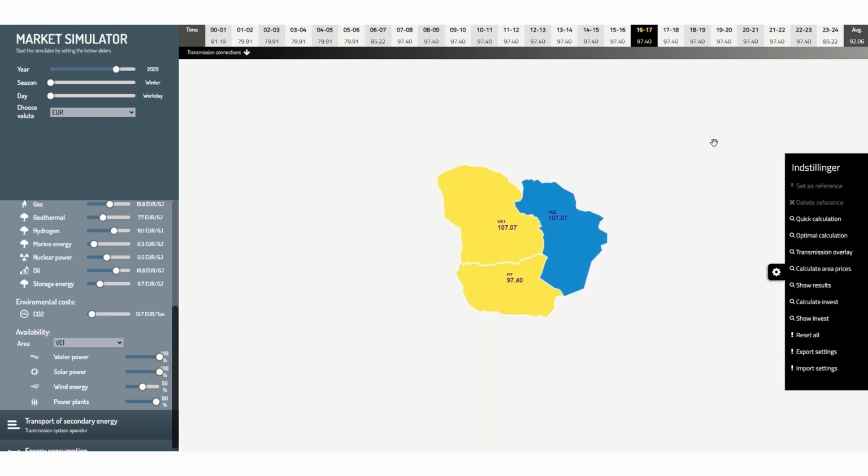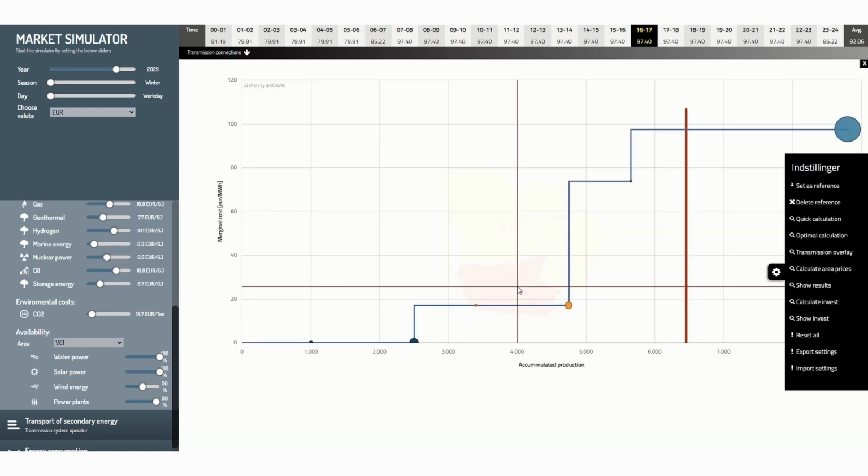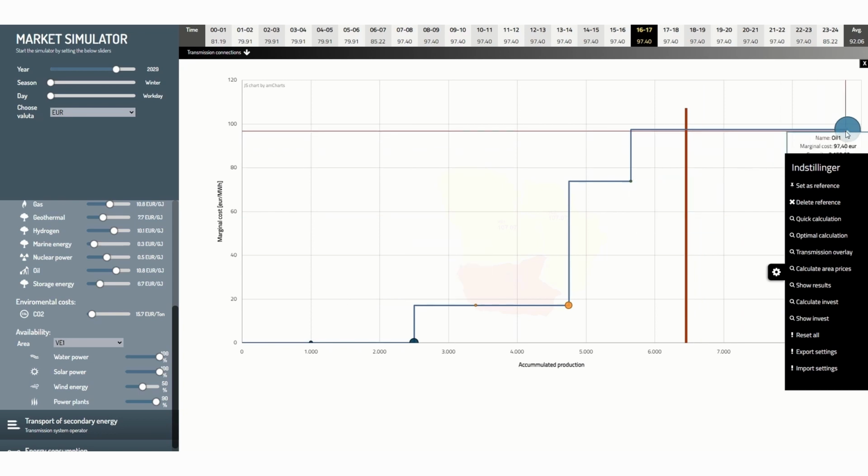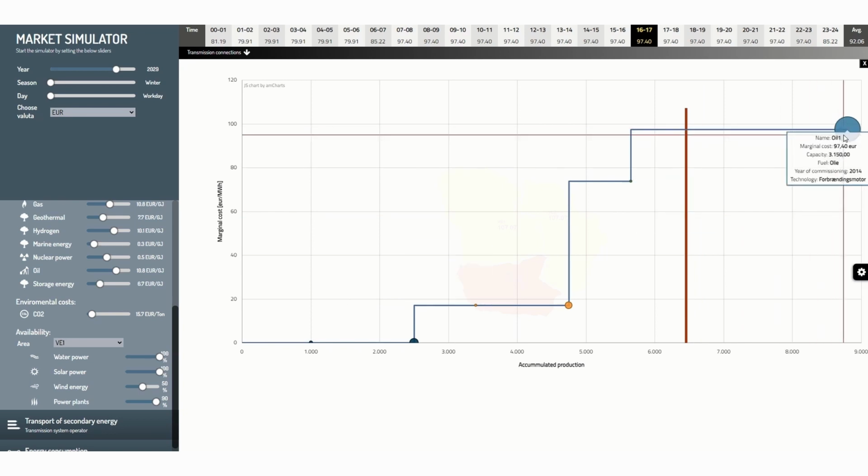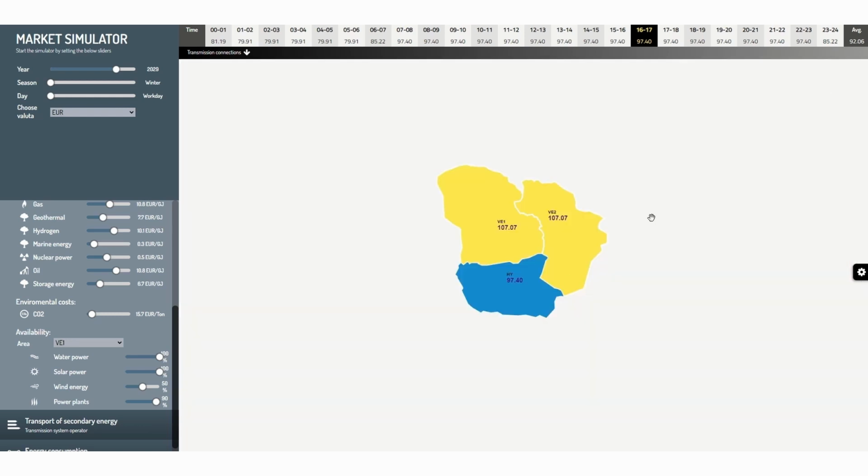And if we look here at Hydrolysis, you can see that the marginal unit will be this oil-fired unit, and it is small. It's not as expensive as the gas turbines, so it will have a slightly lower price.